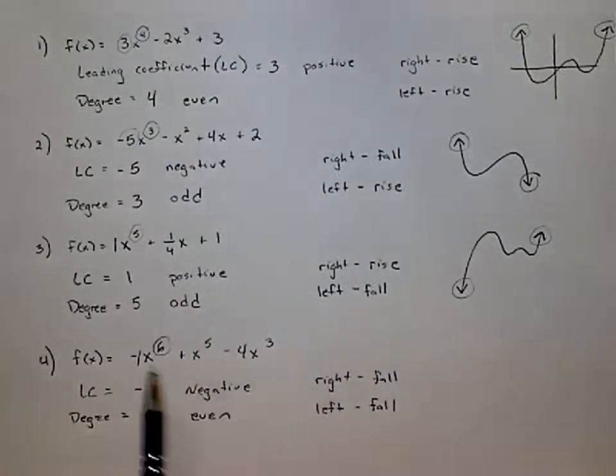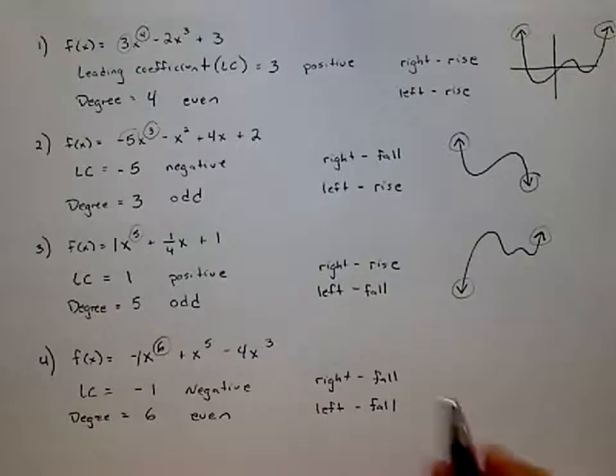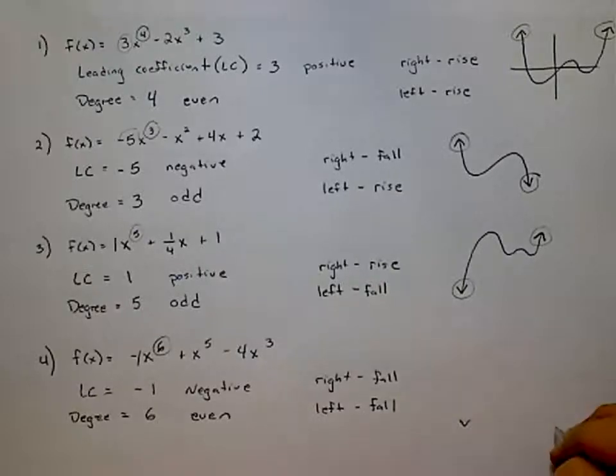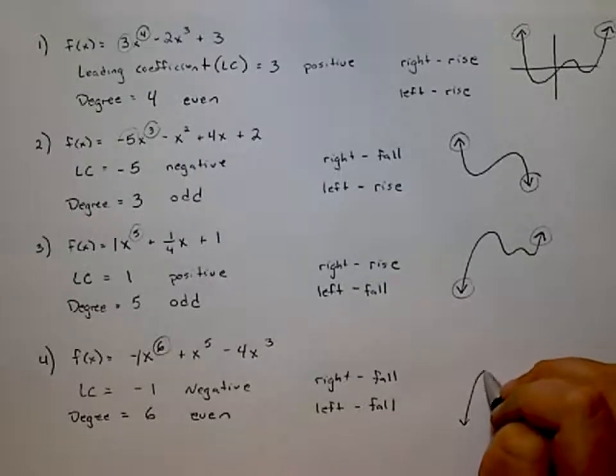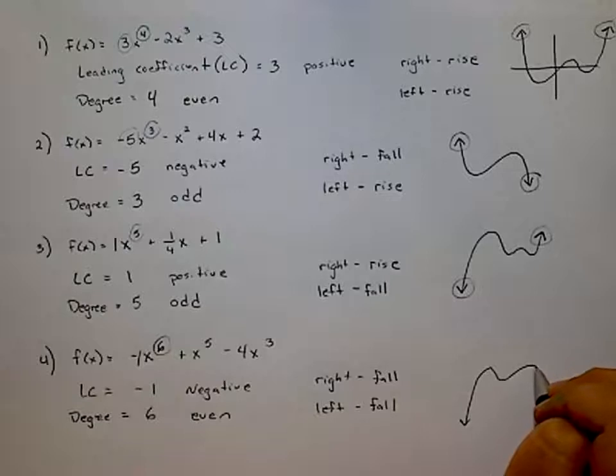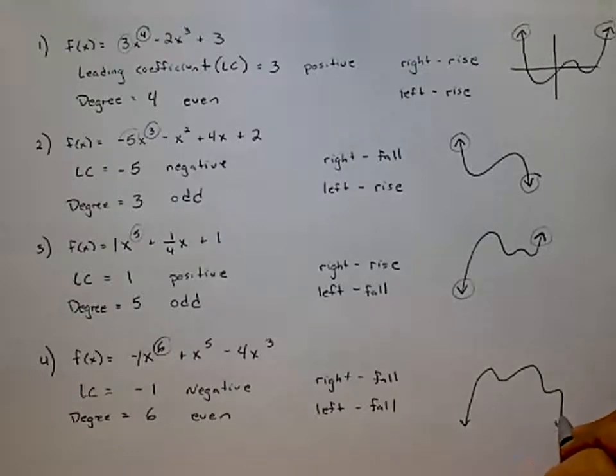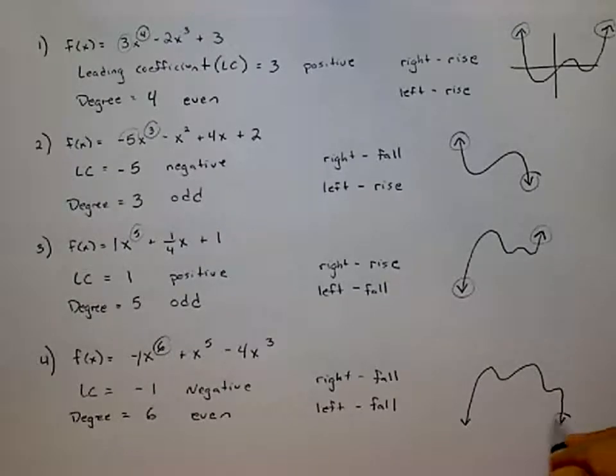Here we had a degree that was even, so our left side did the same thing as the right side. So here they both fall, so we know our left and our right side are both going to go down. I don't really know what happens in here. There could be a bunch of squiggles, but all I know is that the ending behavior both falls.